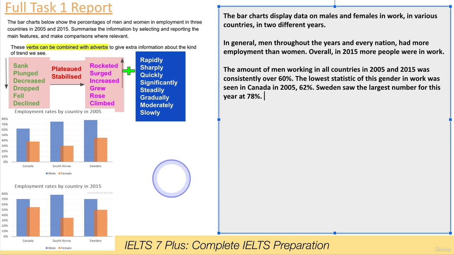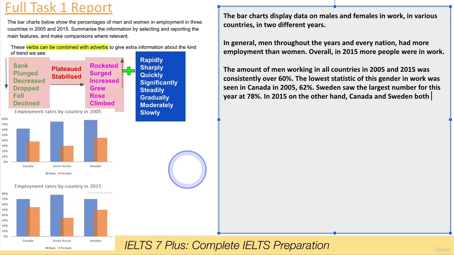Okay, let's compare this to 2015. 2015, on the other hand, Canada and Sweden both had the same number. Canada and Sweden both had the same figure.